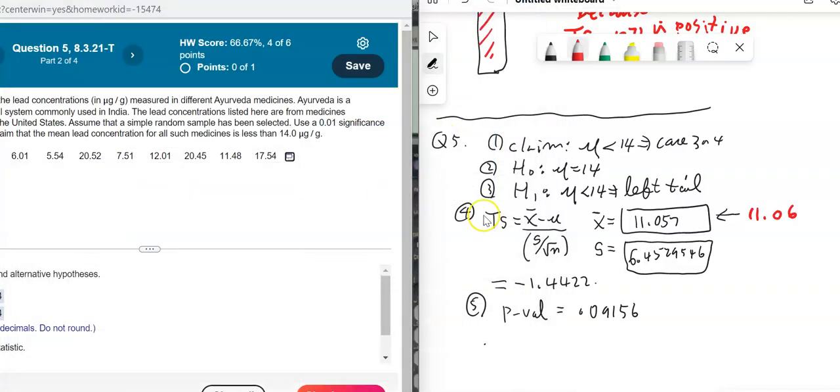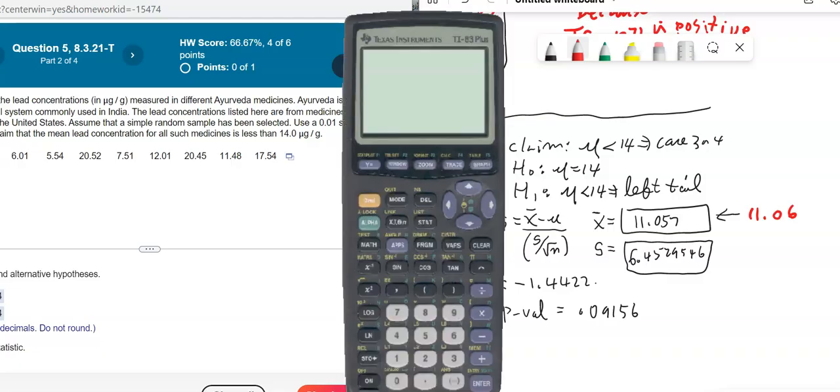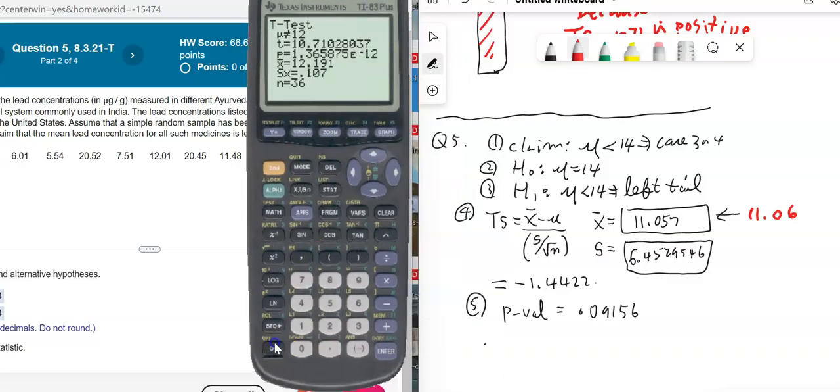Okay, so now go to here. Sorry about that. Am I clear? Go to Test. What test? T-test. So here, this is 14, and then x bar is 11.057, and then s is 6.4529546, and then n is 10.